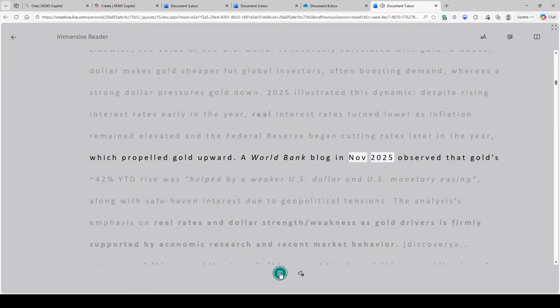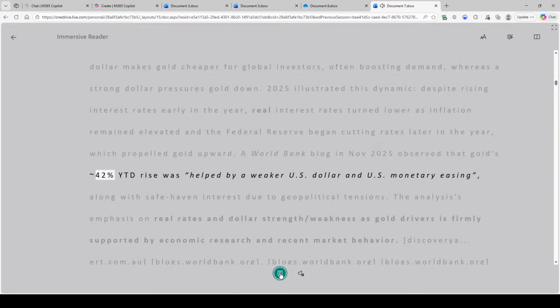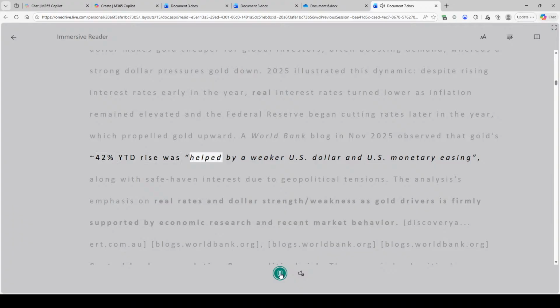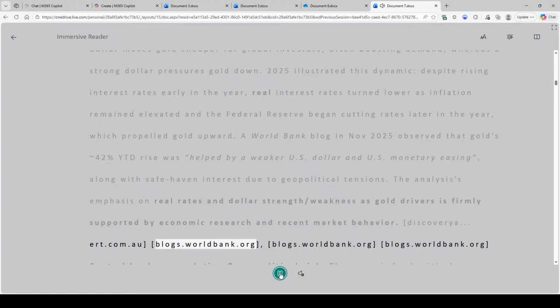A World Bank blog in November 2025 observed that gold's 42% YTD rise was helped by a weaker US dollar and US monetary easing, along with safe haven interest due to geopolitical tensions. The analysis's emphasis on real rates and dollar strength/weakness as gold drivers is firmly supported by economic research and recent market behavior.